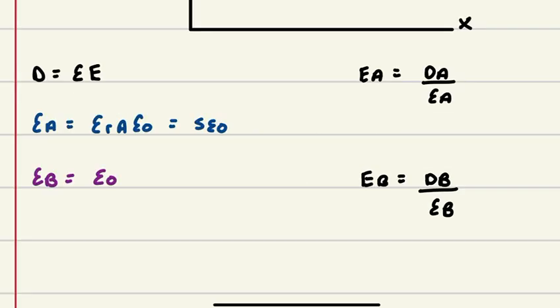The problem gives us D, not E. We know that D is equal to epsilon times E, so E sub A is equal to D sub A over epsilon sub A, and E sub B is equal to D sub B over epsilon sub B. In region A, the dielectric permittivity is 5 epsilon 0, and in region B, free space is epsilon 0. Let's do the y component first.